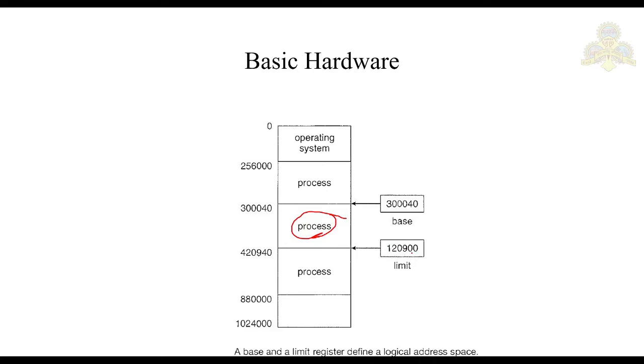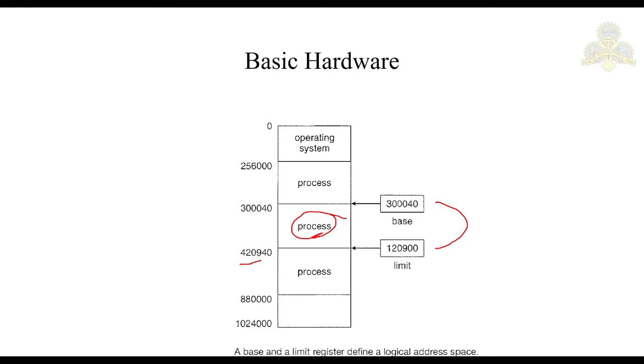This limit is nothing but, from that 340,000, if you add this limit 1,29,900, whatever value you get will be the range of this process. So if you add these two, 340,000 plus 1,29,900, you'll get the value 420,940.